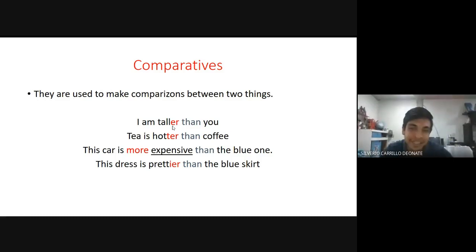That's why we have hot, H-O-T. It's a one syllable adjective, and then we have consonant, vowel, consonant. The rule says we need to double the last consonant, so that's why we use another T plus the er ending plus than. Okay?